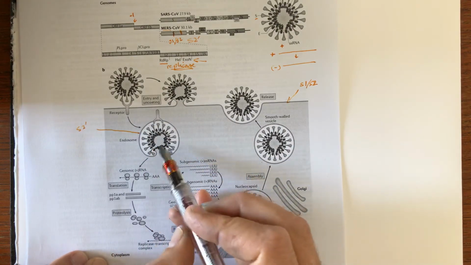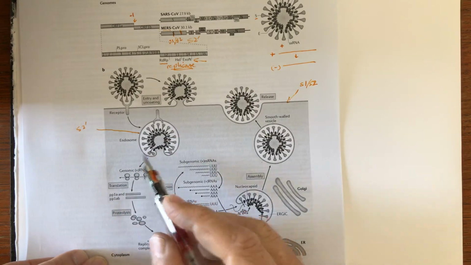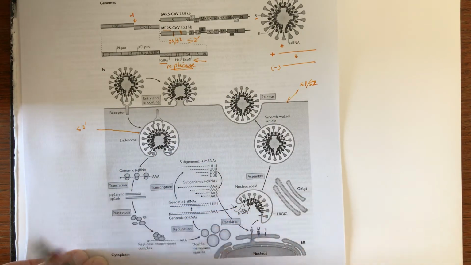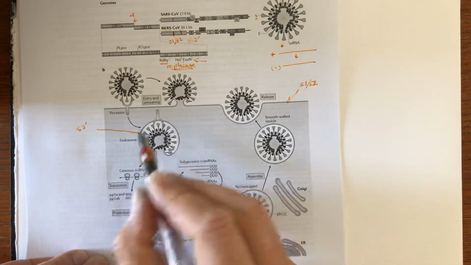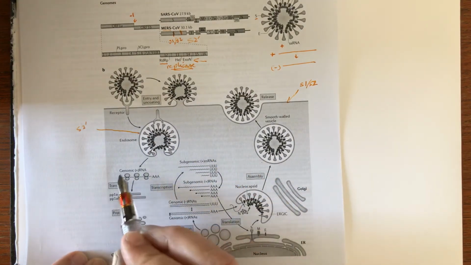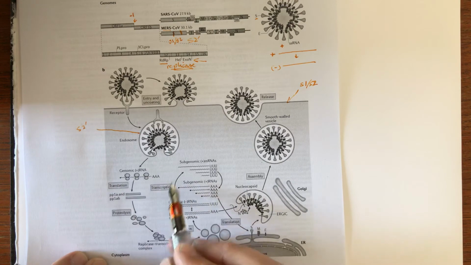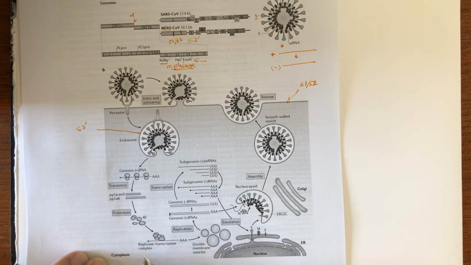The endosome is acidified. At some point, the virus's spike protein undergoes a conformational change and fuses. It's similar to influenza, which is the prototype of understanding class 1 fusion proteins and how they enter. Then the genome can be translated to make the first set of polyproteins here, which then include the replicase, which can make a negative strand.